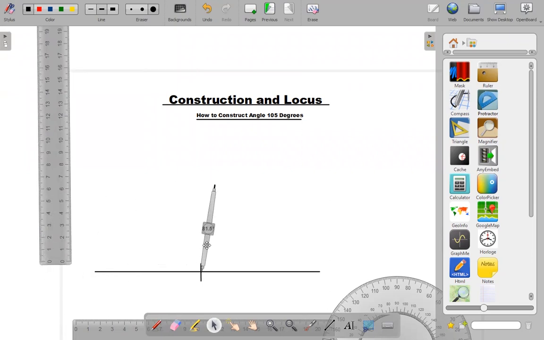We place the stick point of the compass on this reference line. Then adjust the compass to a convenient radius. Make an arc.